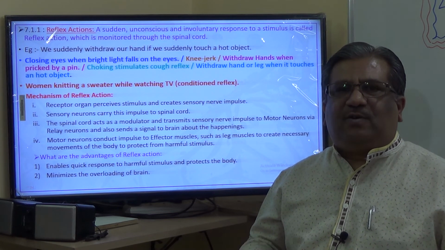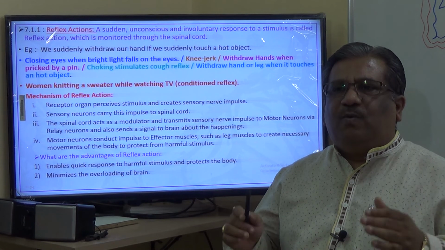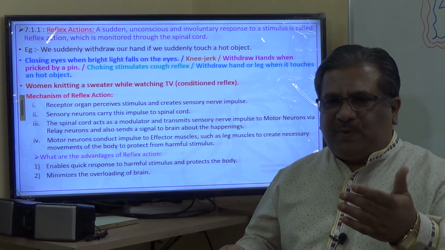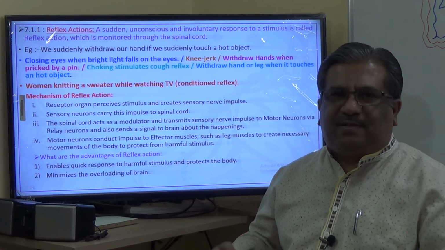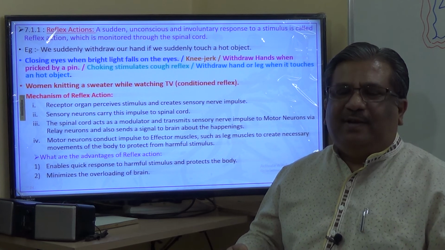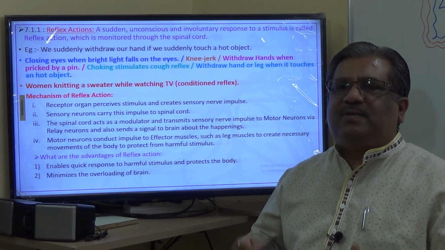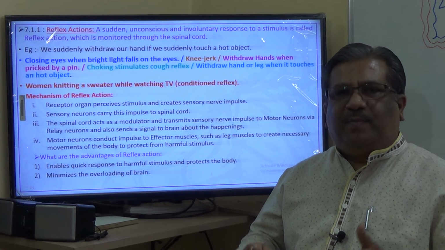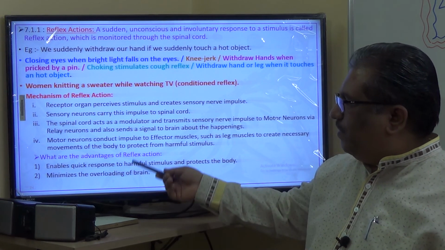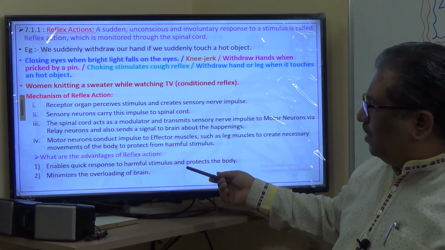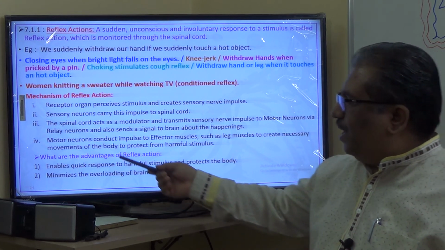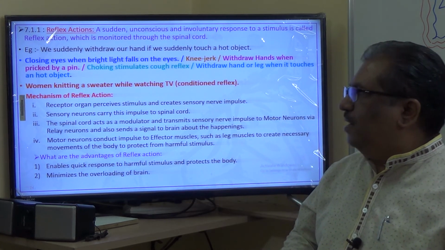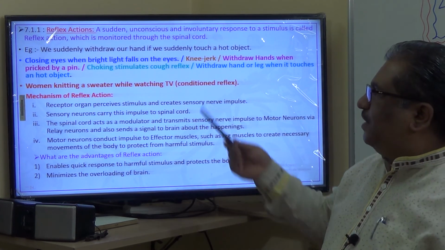All those are controlled by the brain. So overloading of the brain is prevented, especially during such emergencies. These are the two advantages. Enables quick response to the harmful stimulus and protects the body, and minimizes the overloading of the brain are the two main advantages of reflex action.